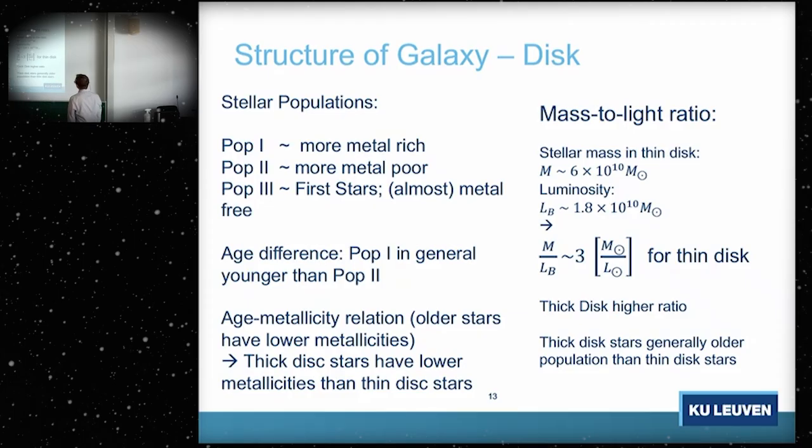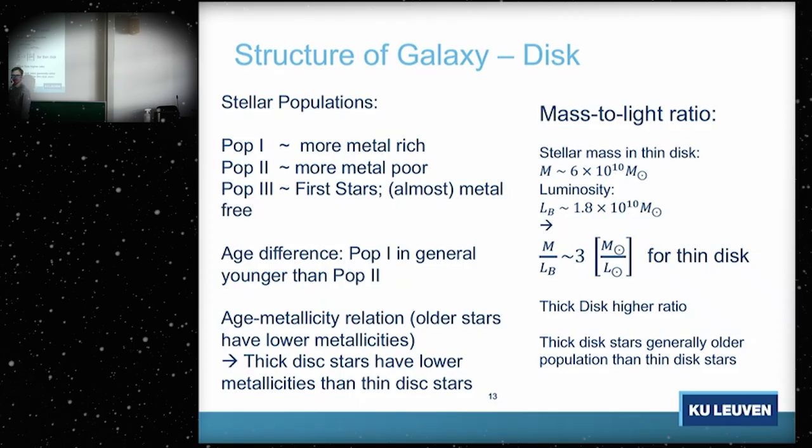Okay, let's think a little bit about what that might mean. If thick disk stars in general have lower metallicities than thin disk stars, it means that, on average, there is spread here obviously, they're formed earlier than the thin disk stars.